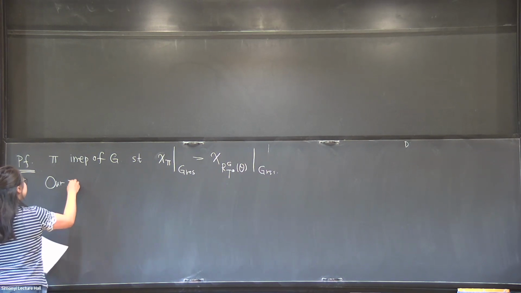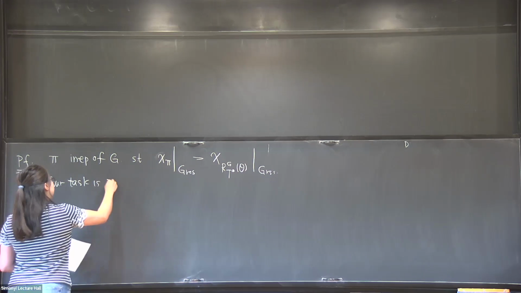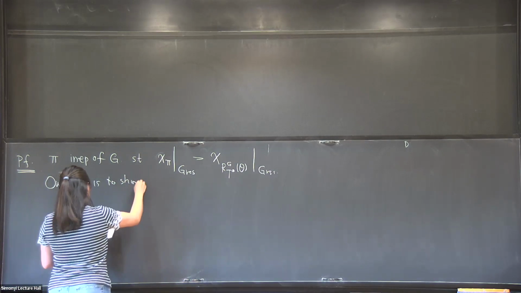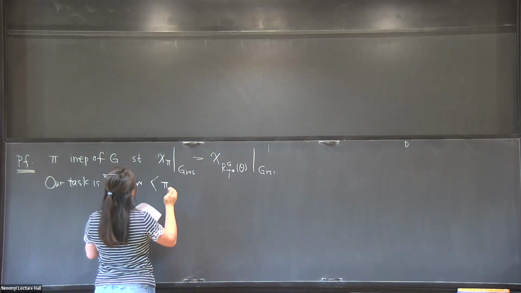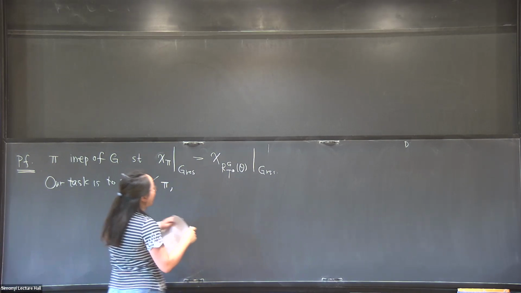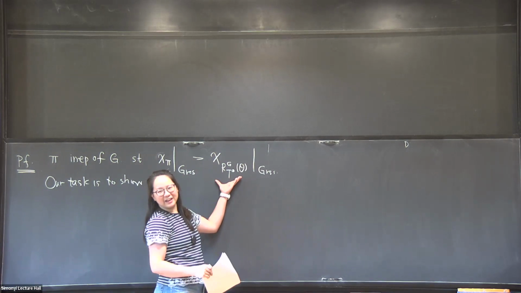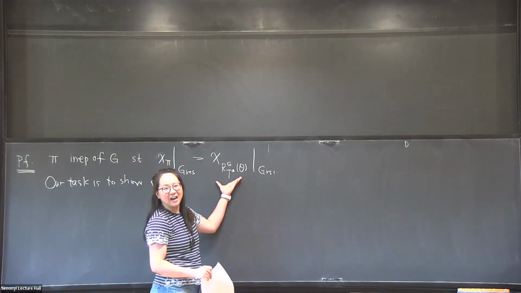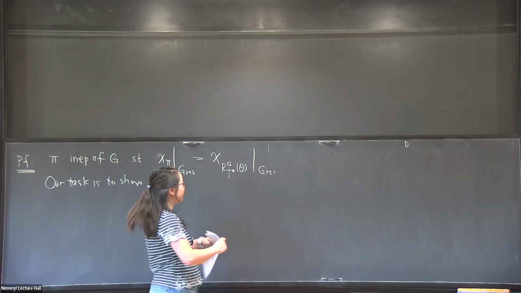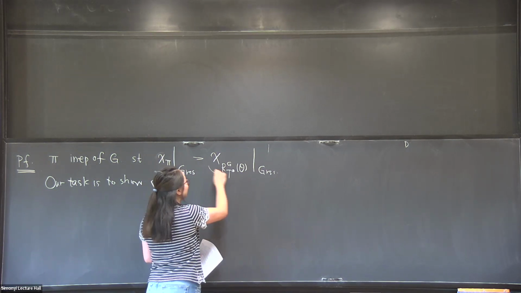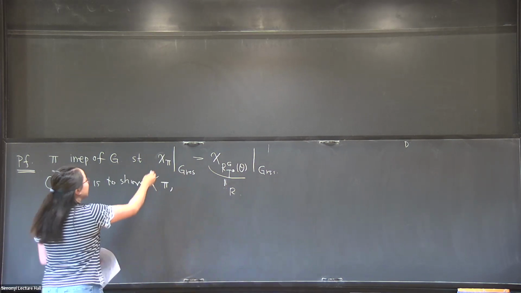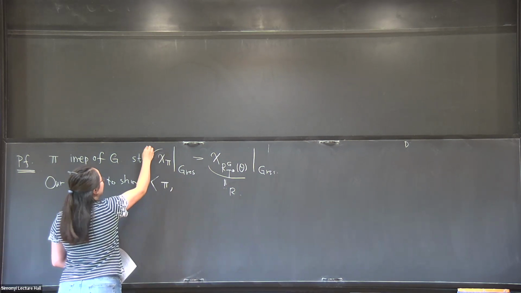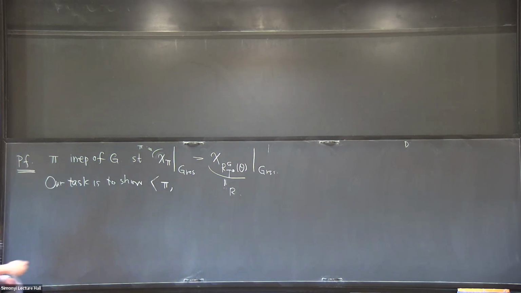Our task is to show that pi, so I'm going to write this expression like 30 times in the next half hour, and it's a lot of strokes, so here I'm just going to write this as R. And here I'll also abuse notation: I will just write pi for the character.